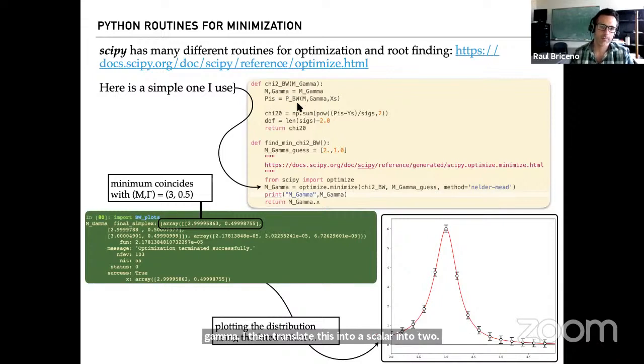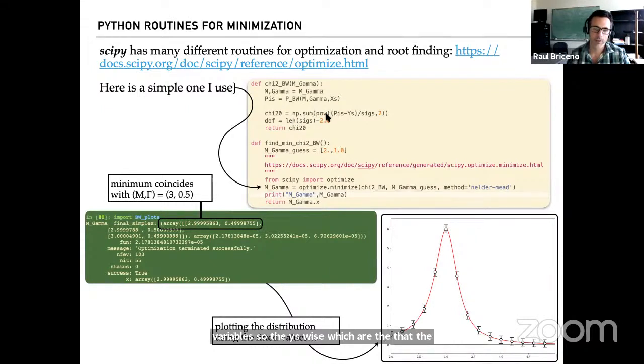I then call my p_bw function, which I define elsewhere, which gives me back the probability distribution according to a Breit-Wigner. Then I feed in some list of numbers, the independent variables which appear on the x-axis. They're discrete, global variables, and this gives me the p_i's. I also have global variables, the y's, which are the dependent variables, the black points.